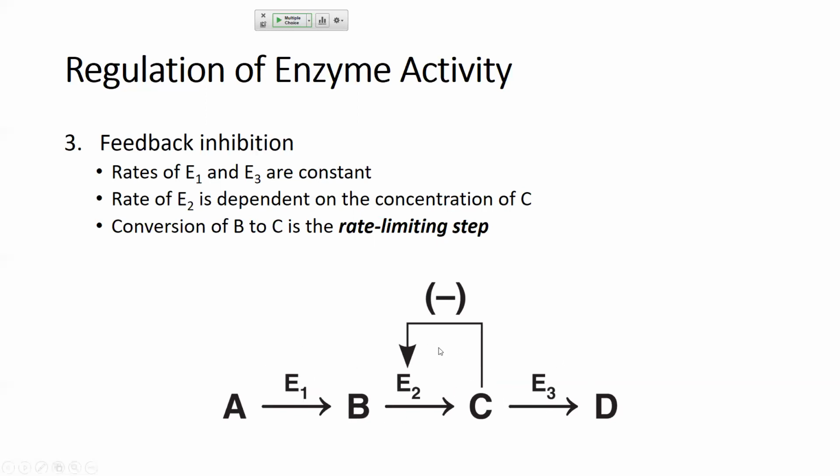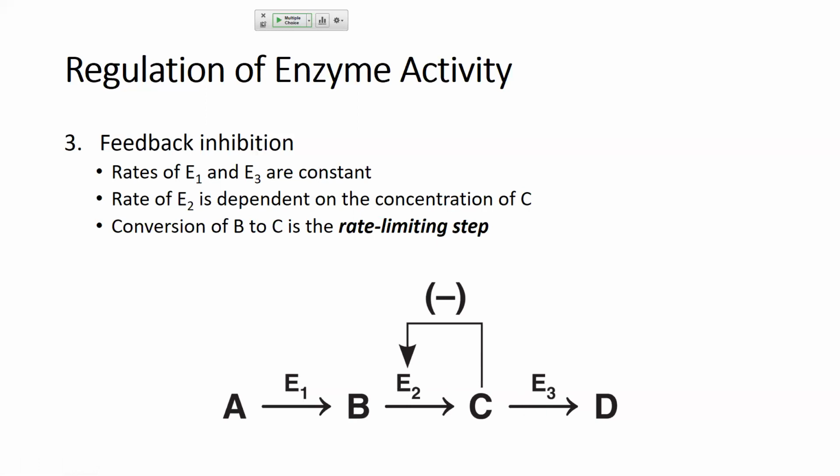The regulation of enzyme 2 is dependent on the concentration of what? C, good, product C. So the amount of C that is produced will determine whether E2 is activated or inactivated. I hope that's clear. Any questions on that bit?